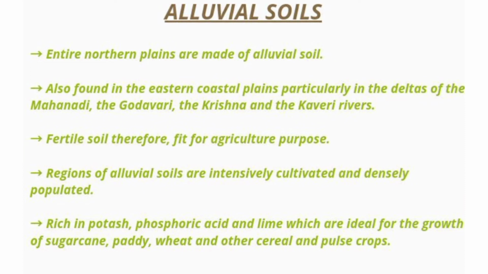Fertile soil, therefore fit for agricultural purposes. Regions of alluvial soil are intensively cultivated and densely populated. Rich in potash, phosphoric acid, and lime, which are ideal for growth of sugarcane, paddy, wheat, and other cereal and pulse crops.